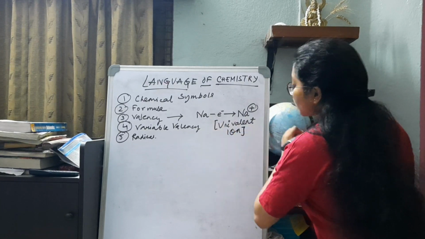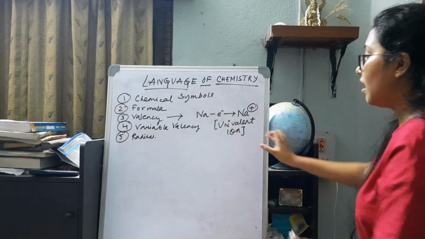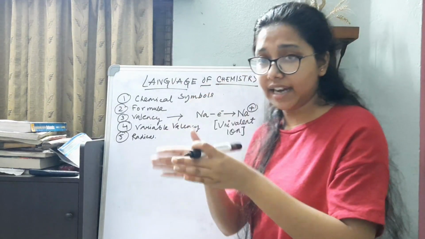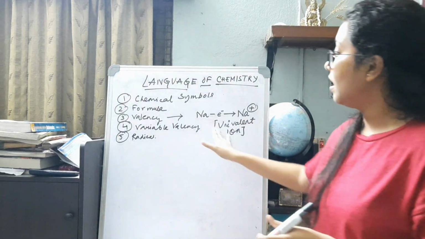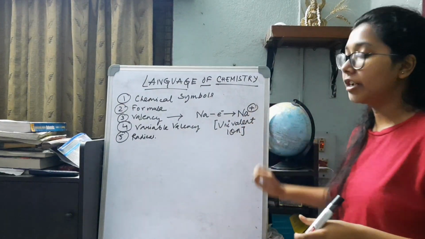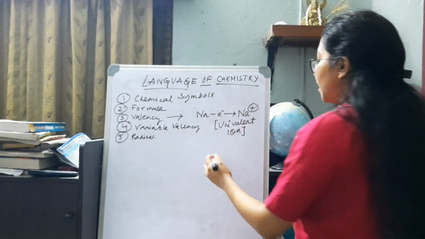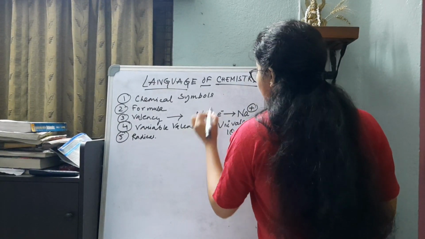Now why is it a univalent ion? I think you have already done this in your previous classes, how we determine it with respect to its electronic configuration. But still, if you have forgotten, I am giving a quick recap.